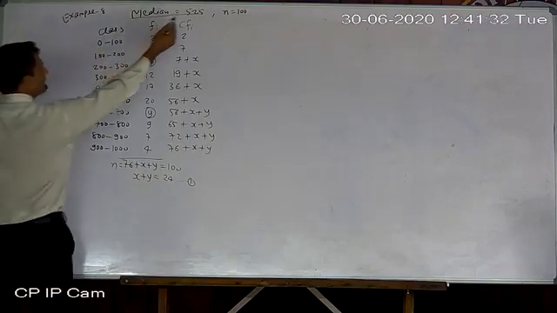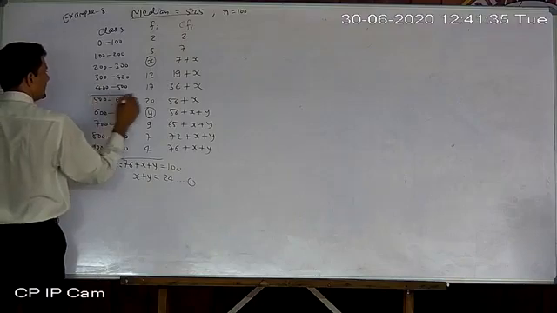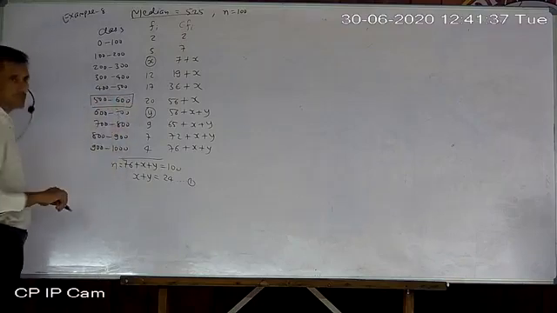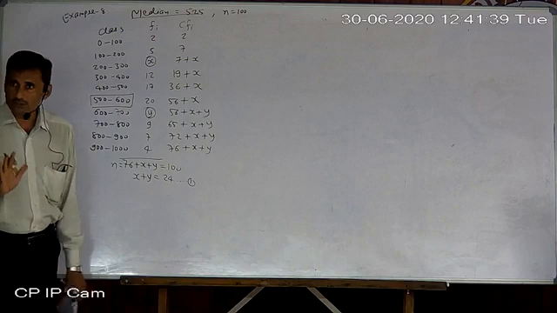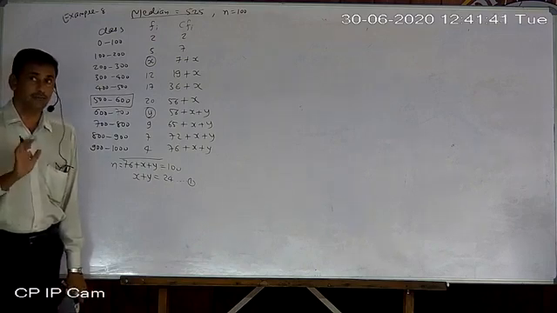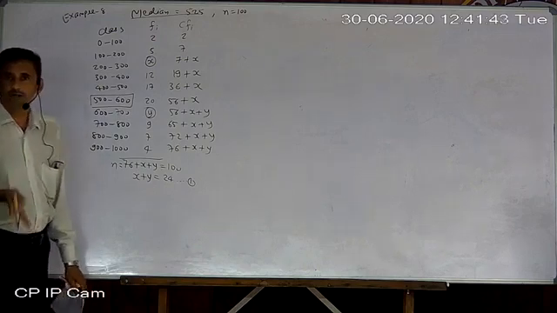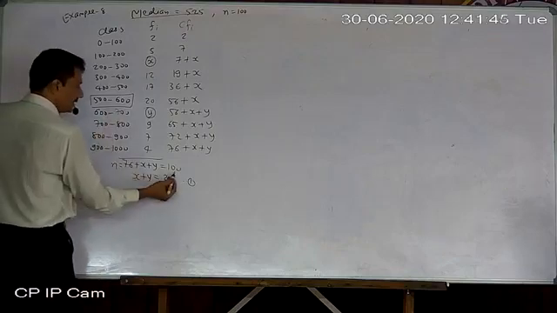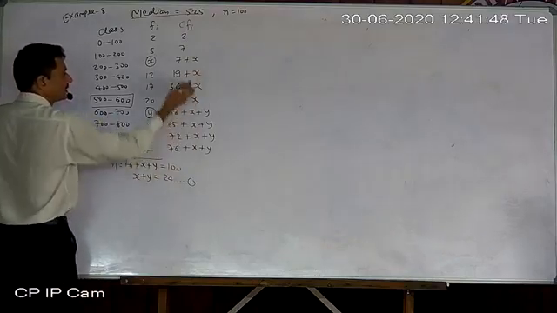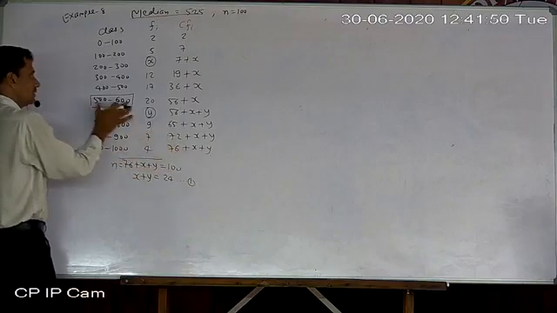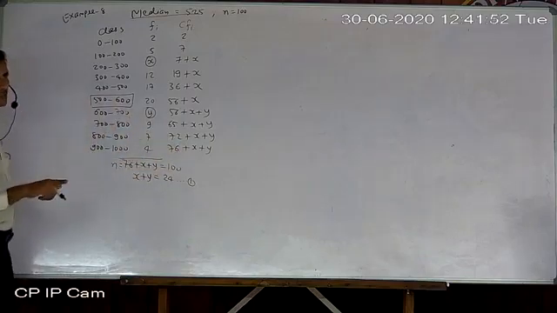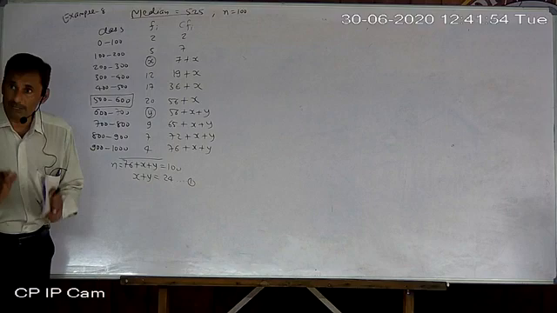Why? If the median is 525, then obviously the median class will be 500 to 600. So don't try to locate the median class by finding n by 2. That is not possible even here. Why? Because n by 2 will be 50. So where is 50 here? You cannot say. So don't try that way. Median is given means the median class is already given.